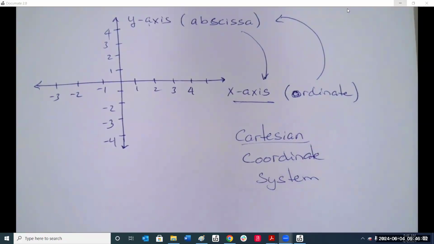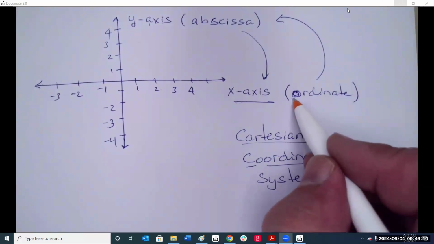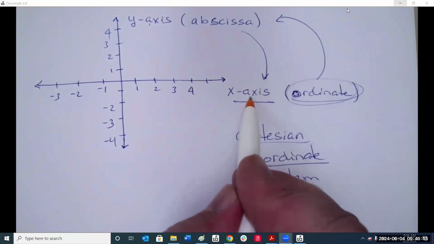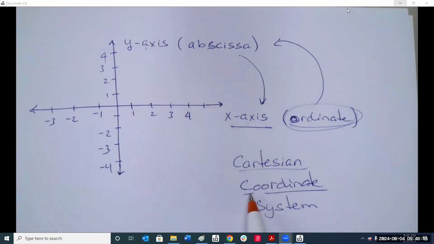Cartesian, because that's the name of the person who found it, Rene Descartes. Coordinate. There's it. So we have an x-axis and we have a y-axis that goes along with it. So it's a coordinate system.